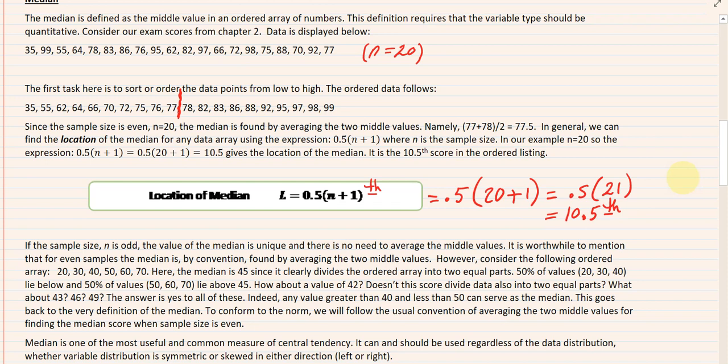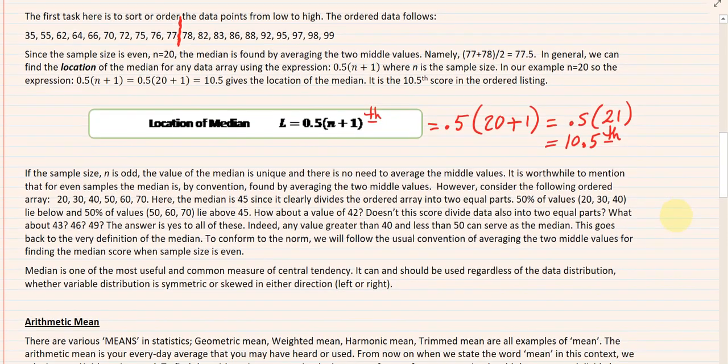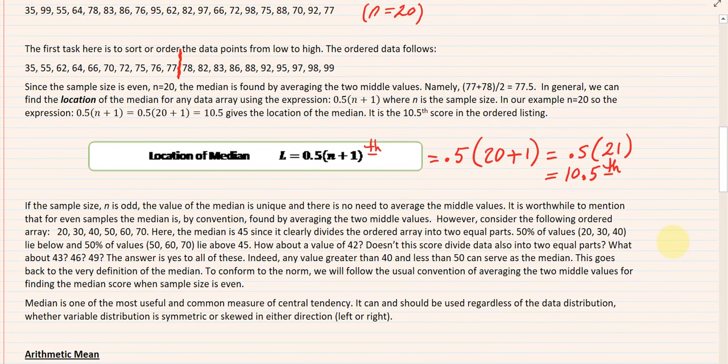For the most part, median is used quite often, and it's a very reliable measure of central tendency. There are also some interesting situations where we can use median, and I'll mention that in the coming pages.